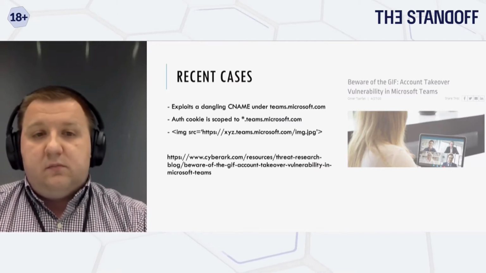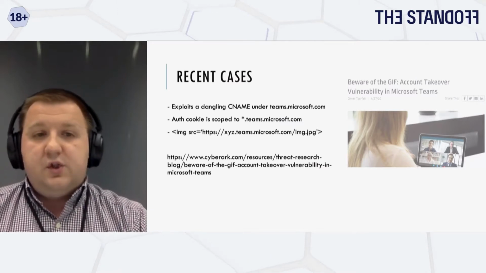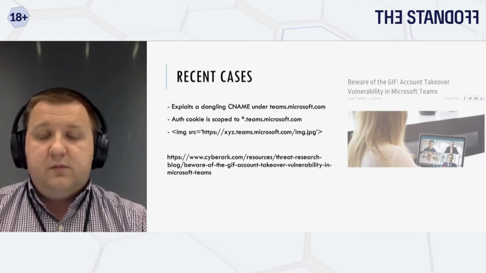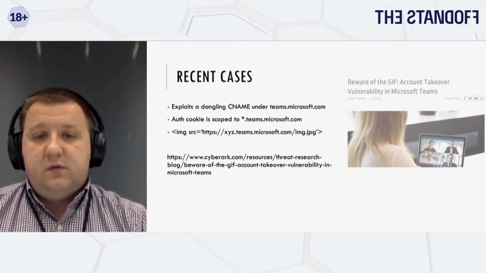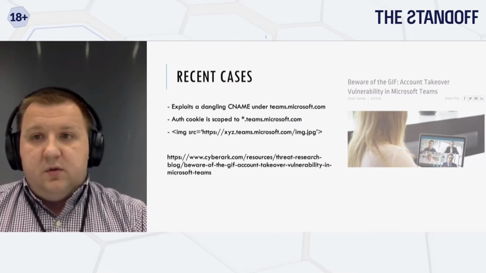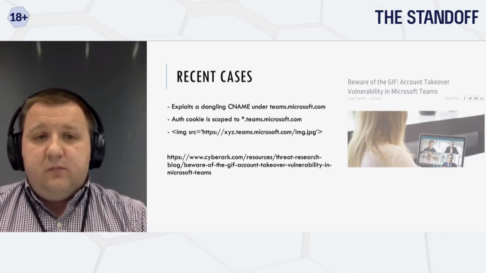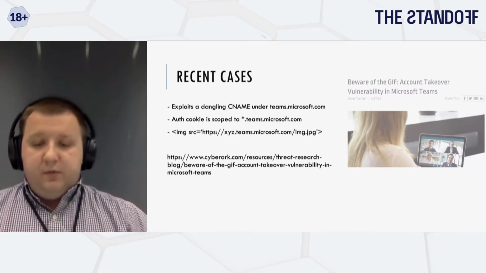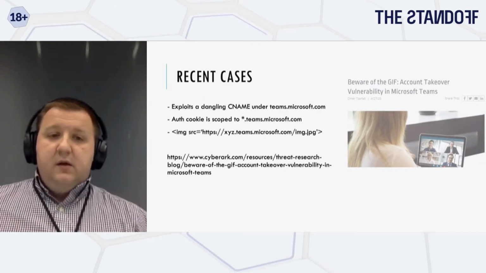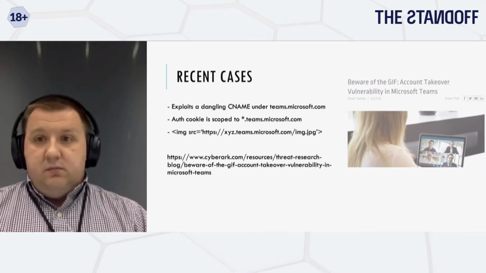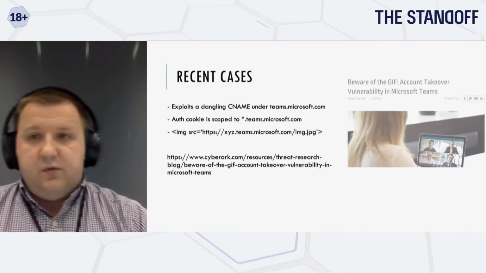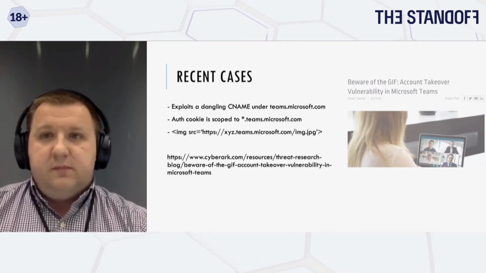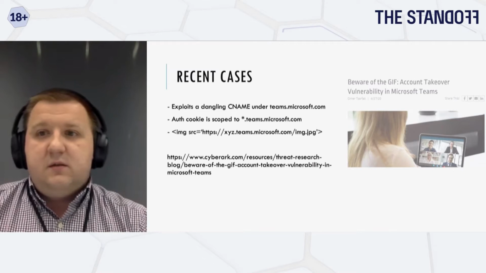So what the attackers did was to find 2 dangling subdomains. They registered them in their name, and this is how they got access to domains that browsers felt quite good about sending authentication cookies to.